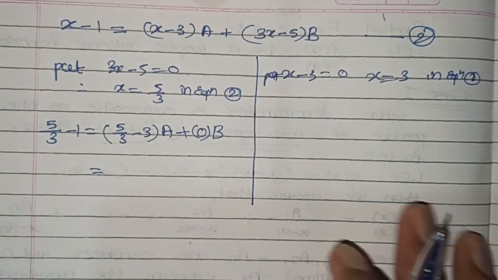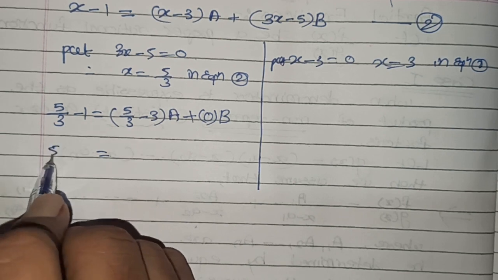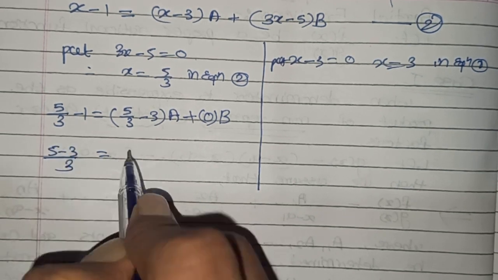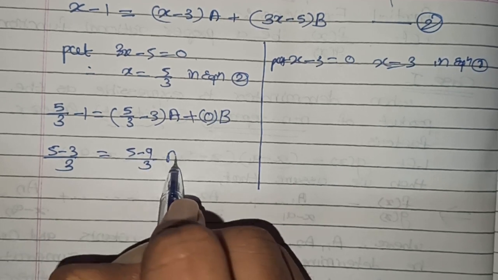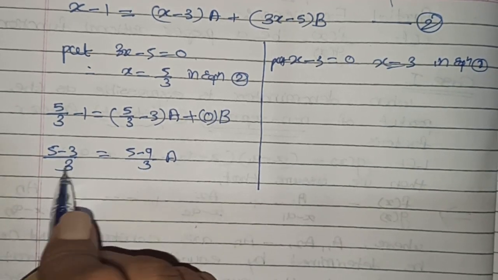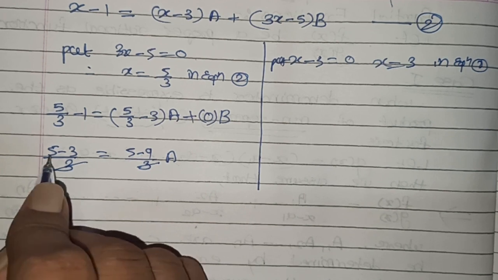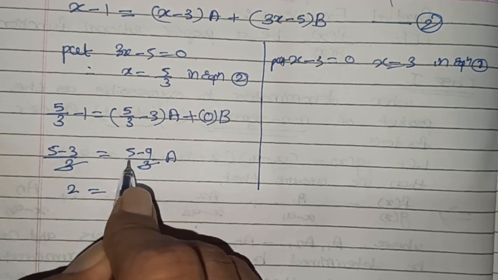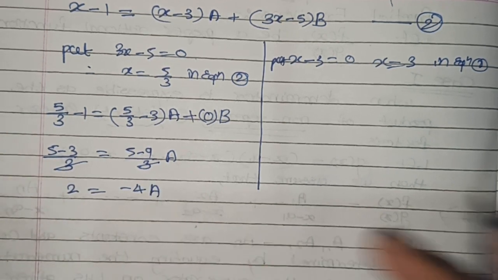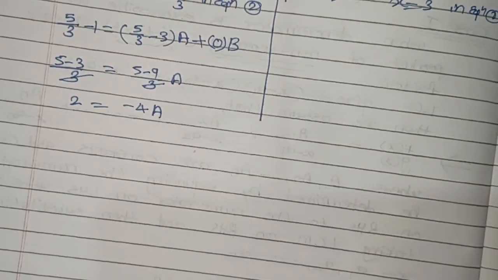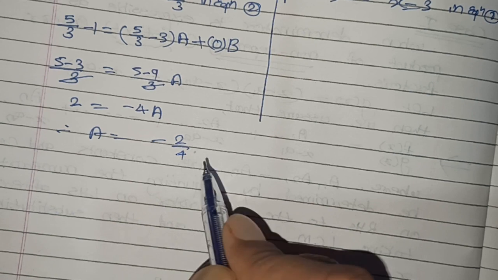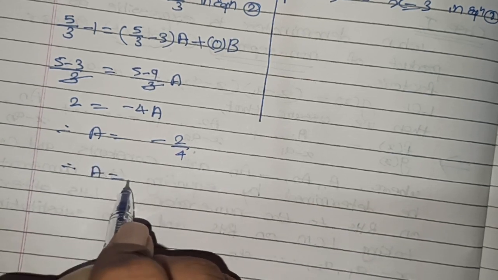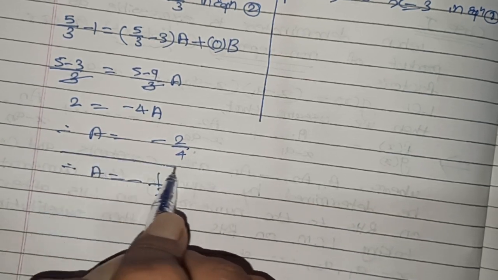So we get 5 minus 3 upon 3 equals 5 minus 9 upon 3 into a plus 0. Here the 3 gets cancelled, so 5 minus 3 is 2, equal to minus 4a, and therefore a equal to minus 2 upon 4, and hence a equal to minus half.